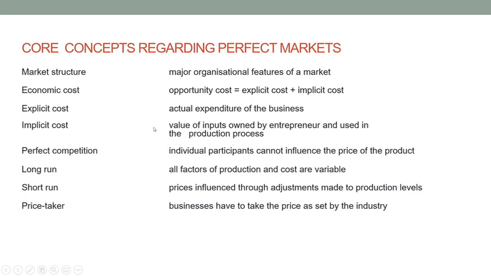So that's what we mean by the value of the inputs owned by the entrepreneur. Alternatively, I can choose to use my skills and go and work for someone, or I can take my skills and open up my own business. So all of those things are the entrepreneur's inputs that he's put into the production process.